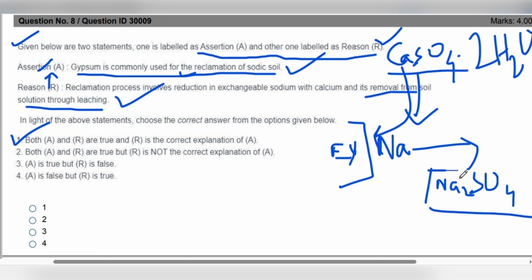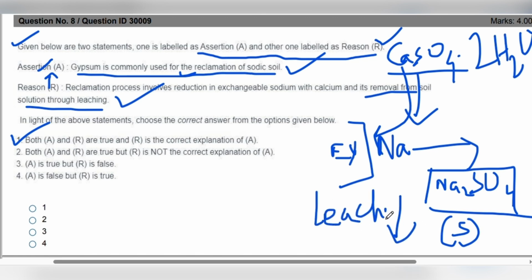This sodium sulfate is soluble in water, and thereby it will get leached down into the groundwaters. As a result, the sodium will be removed from the exchange complex of the sodic soil, thereby reclaiming the sodic soil into normal soil. So the reclamation process involves reduction in exchangeable sodium with calcium. As I said, the calcium of the gypsum will replace the sodium from the exchange complex and sit in the exchange complex.